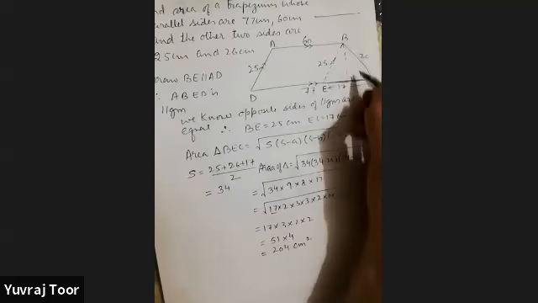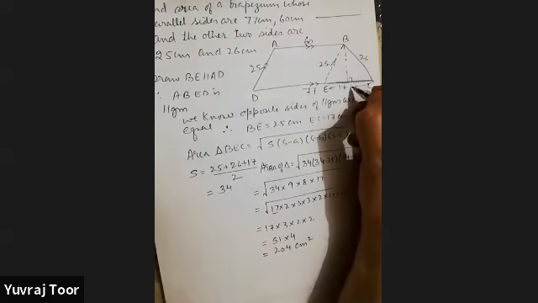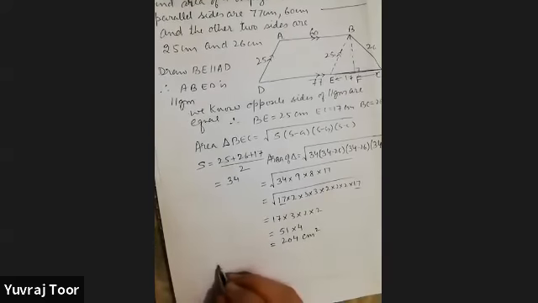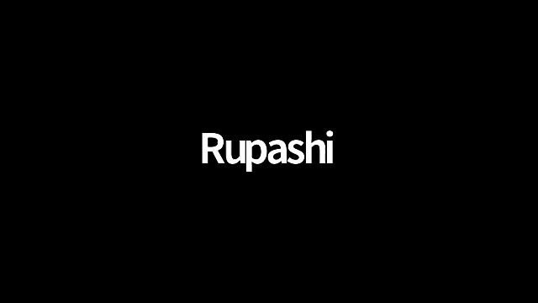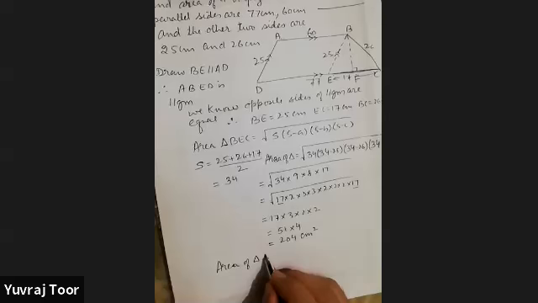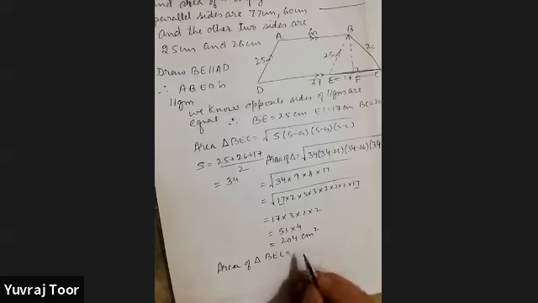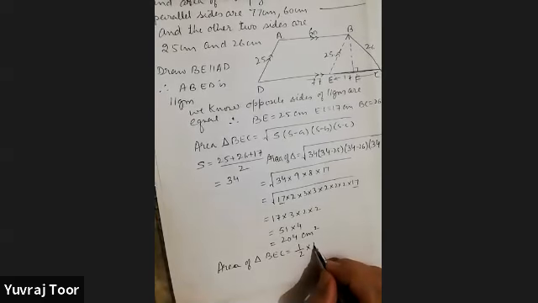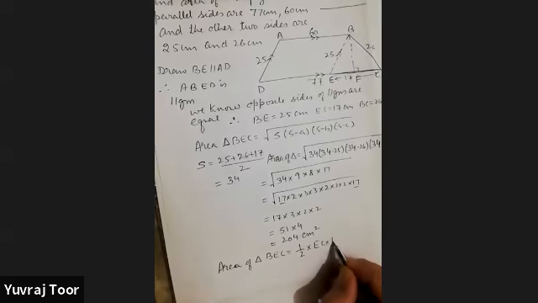Now, if you have to find the height, which I've mentioned here as BF, the area of triangle BEC can also be calculated as half into EC into FB. EC into FB, but the area will not change.